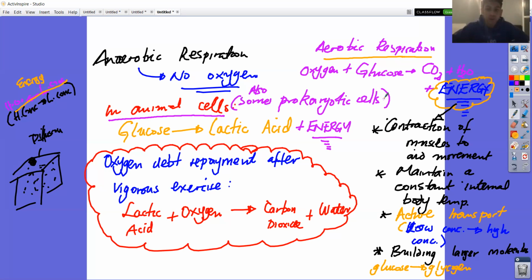Now it's a different story in plant cells. How do you reckon it's different in plant cells? When plant cells respire anaerobically, what are the differences between anaerobic respiration in plant cells and animal cells? Would there not be a buildup of lactic acid? Plant cells, you're right, will not produce lactic acid.